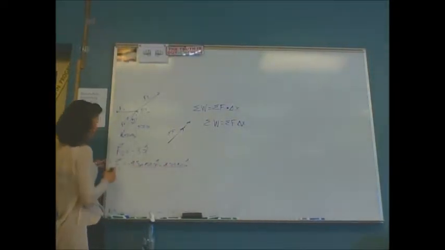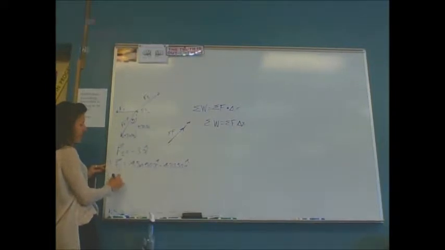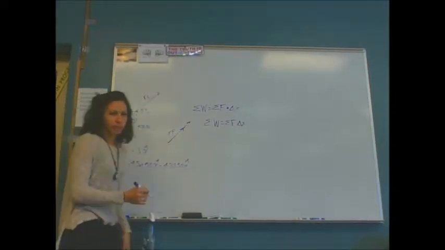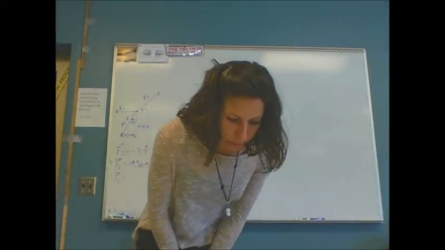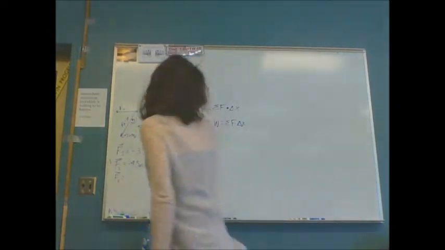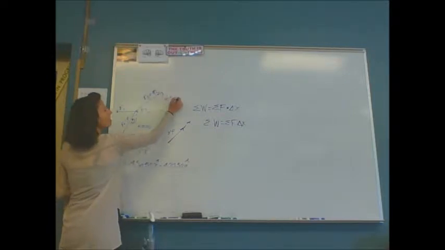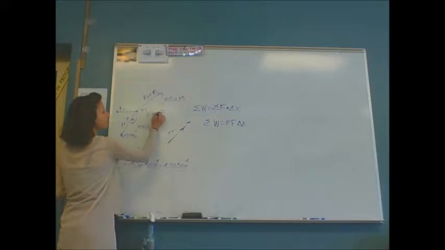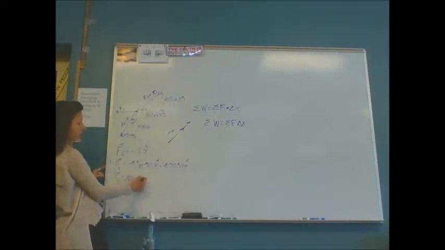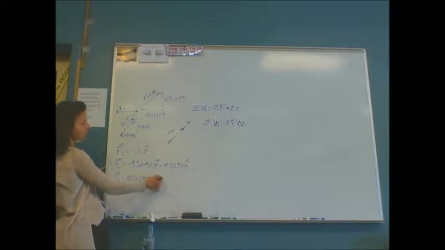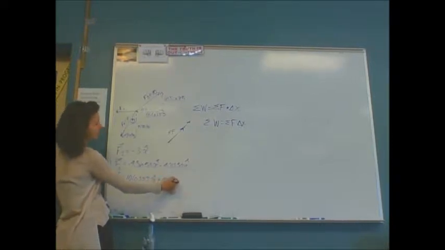And then the f3 vector, 10 newtons, 35 degrees. So this is 10 sine of 35 and 10 cosine of 35. The x direction would be 10 cosine 35 x hat, positive, plus 10 sine 35 y hat, also positive.